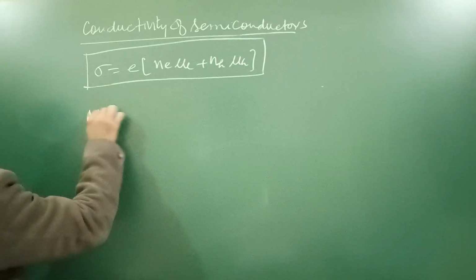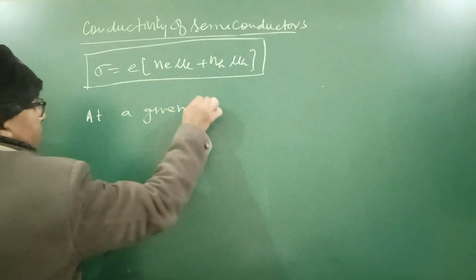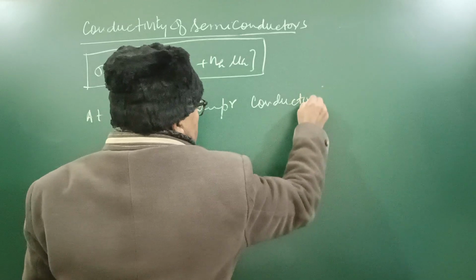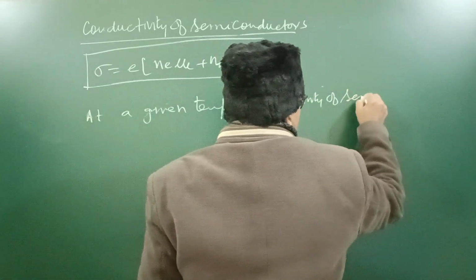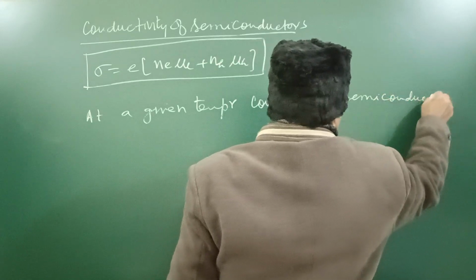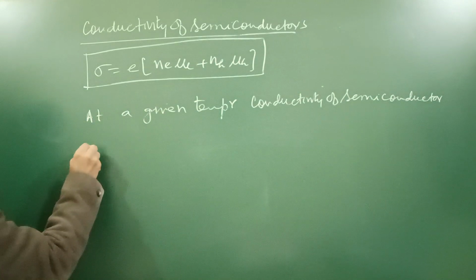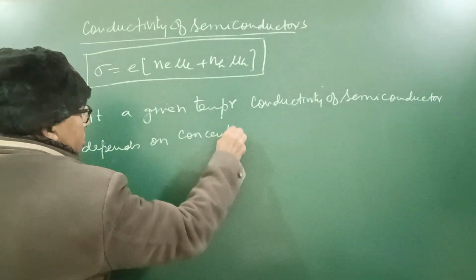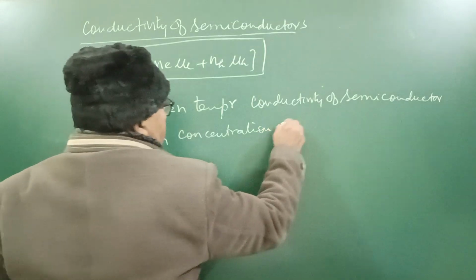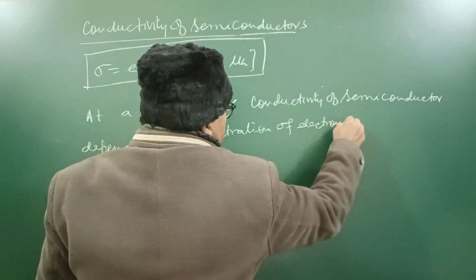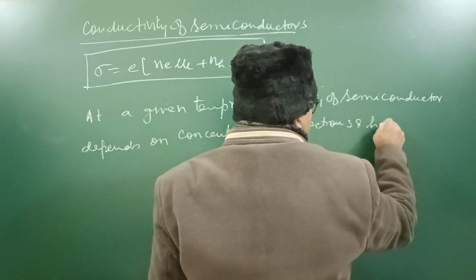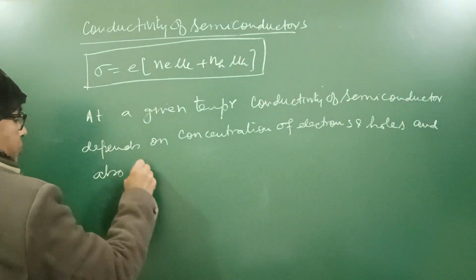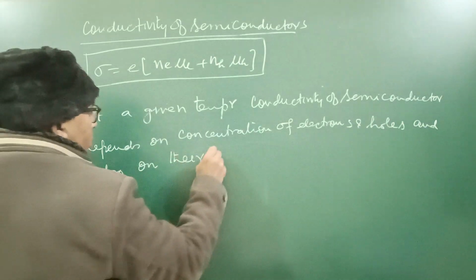So, at a given temperature, conductivity of semiconductors depends on concentration of electrons and holes, and also on their mobility.